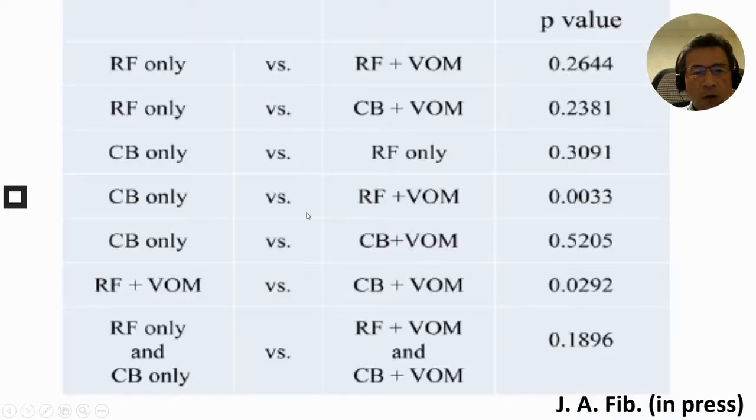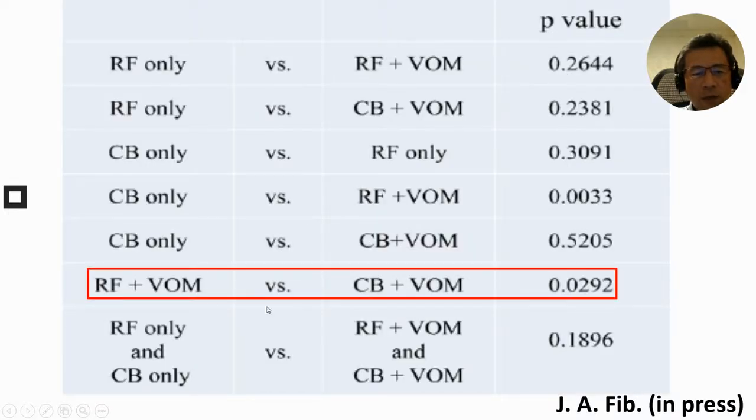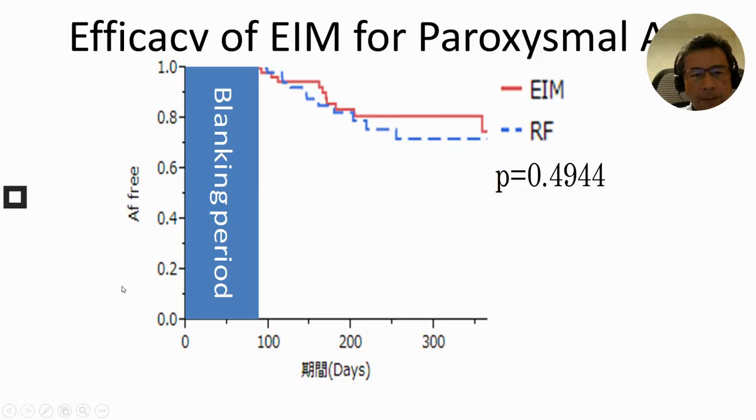When we performed the log-rank test, take a look at this. RF combined with chemical versus cryo combined with chemical. We found a significant difference between both groups. This result means cryoballoon ablation seems to be superior to RF ablation.